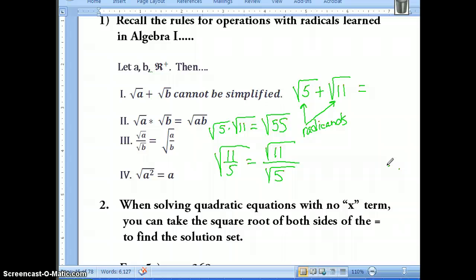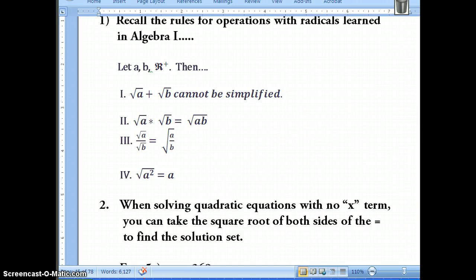Now, when you get into Algebra 2, we talk about the positive and negative values for radicals. We don't do that too much in geometry because in geometry, we're using square roots to find the lengths of sides of triangles and other polygons. And so because we're trying to find the length of something, and it can never be a negative value, a lot of geometry teachers will just refer to the square root of a number as being only the positive root of the number.